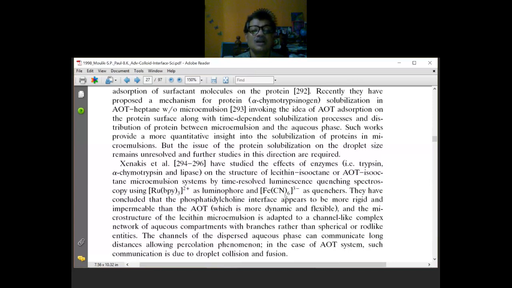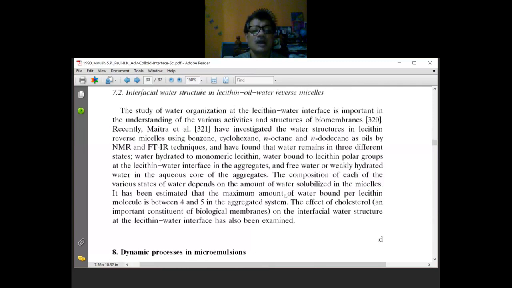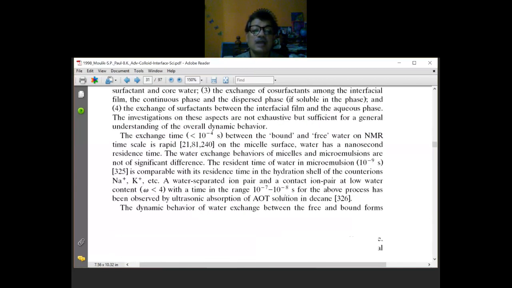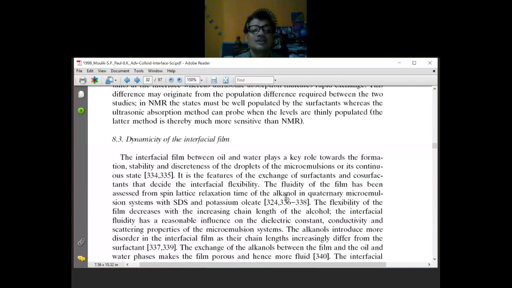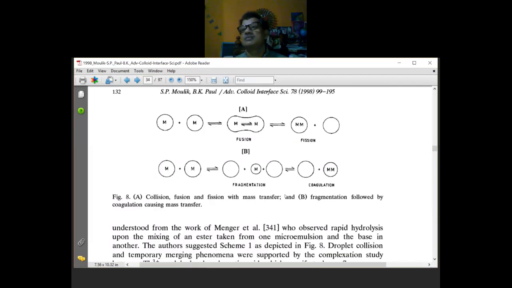Then there is a secondary layer of water molecules, and then there are free water molecules in the core. That water has the property of bulk water. Here you go, that is what I was trying to say.